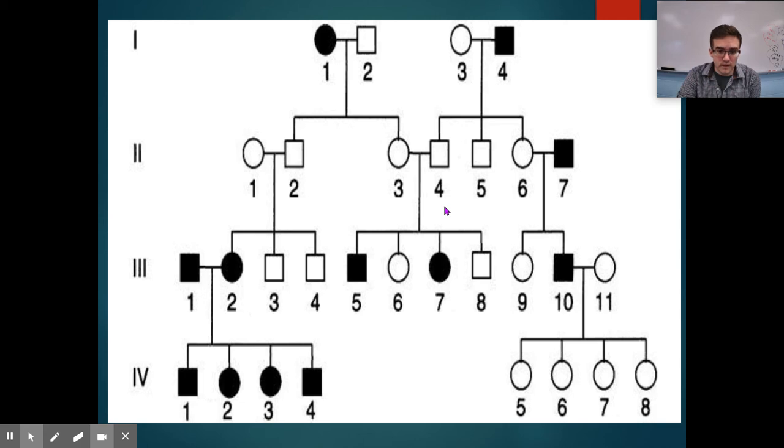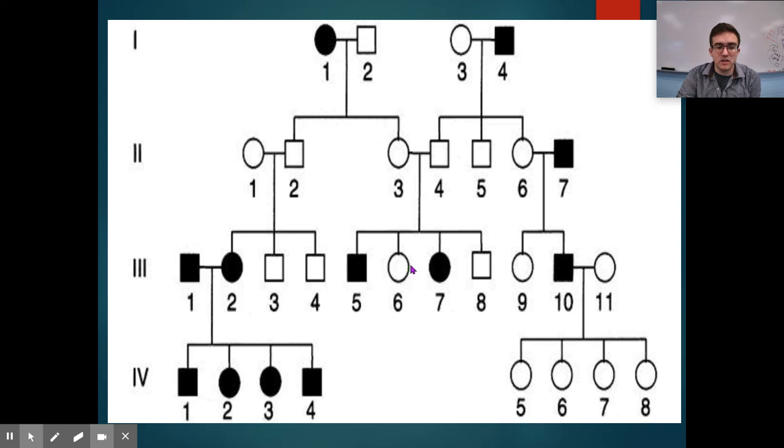There's other proof of it as well. Here, neither parent is affected by the trait, but we see it appear in one of the kids. The only way that's possible is if the trait is recessive. Same thing here. Neither parent had it, but we see it appear in the kids. What's interesting is this pedigree doesn't show whether there are autosomal carriers or not.